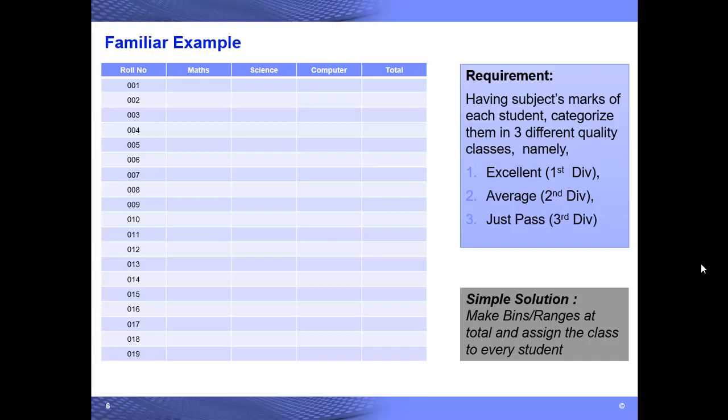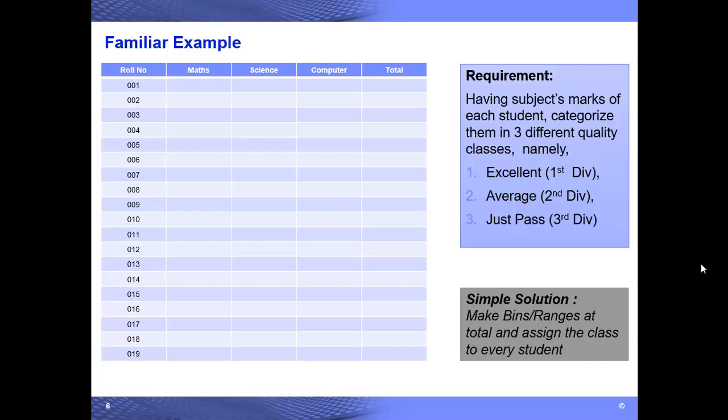Now the difference between last year's and this year's process of giving classes, that is excellent, average, just pass, is that up to last year they had a committee, and that committee used to give them, but now they want to automate it.